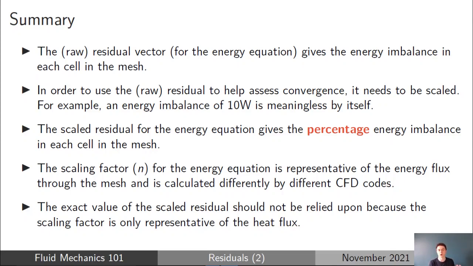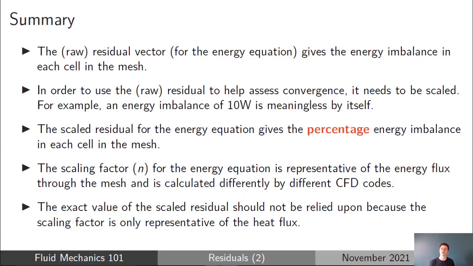So for example, you can't say that a scaled residual of 2 times 10 to the minus 4 is sufficiently converged, whereas 1 times 10 to the minus 4 is sufficiently converged. You can't do that because we can't rely on those exact values, because we're only scaling relative to a representative heat flux through the bar.